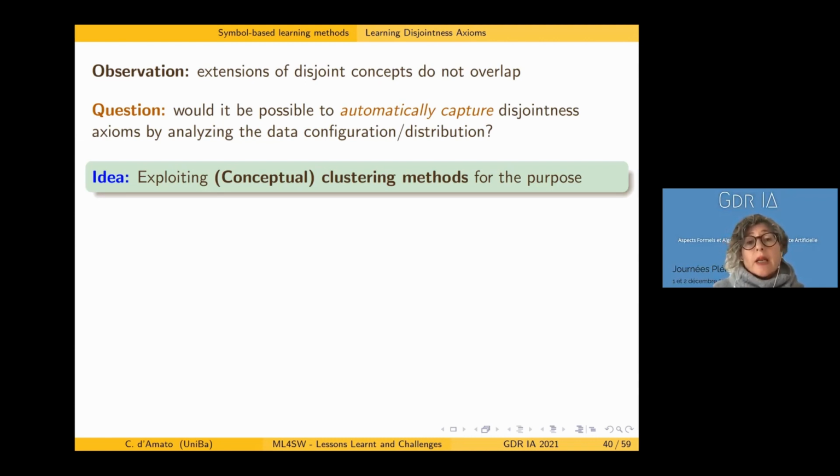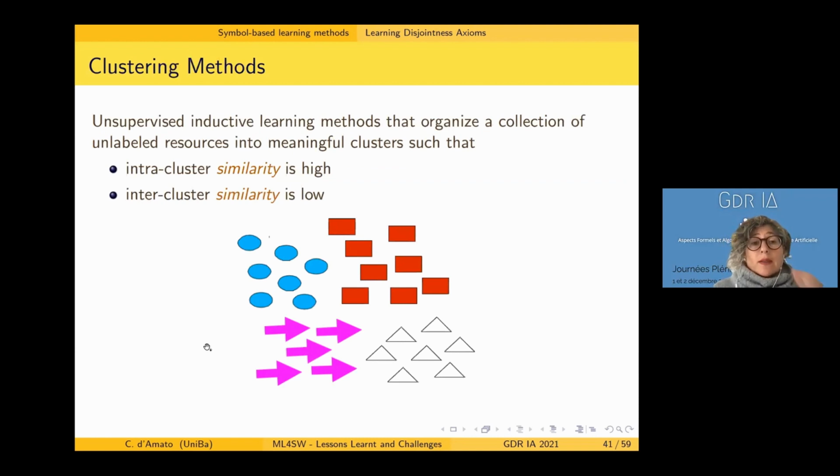So the idea is to automatically capture disjointness axioms by looking at the data configuration and specifically by exploiting conceptual clustering methods.